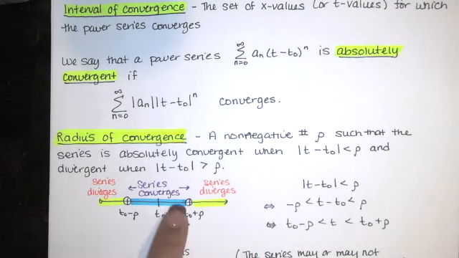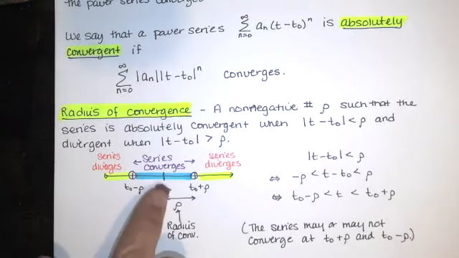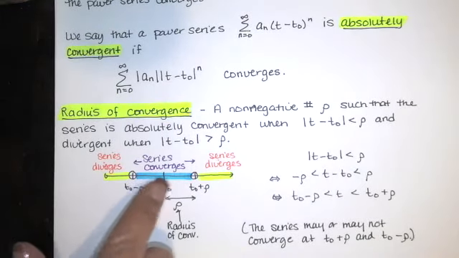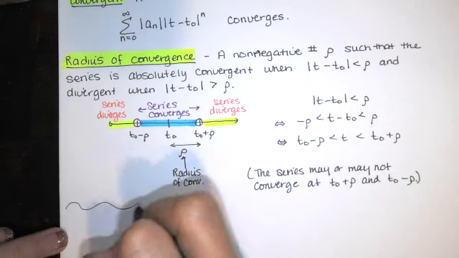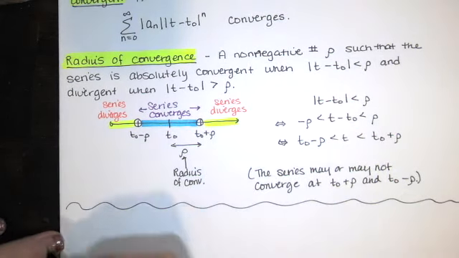And the radius is half the length of that interval. It's the distance from the center to one of those endpoints. Now, there are three possibilities when it comes to intervals and radii of convergence of power series.